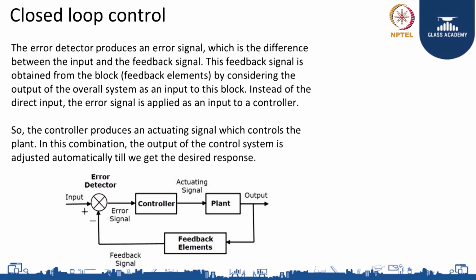Let us see it in a little bit more detail. How does closed loop control look like? In closed loop control, we give the desired level that we want to achieve as an input, sometimes also called set point. And then we measure whether the level is equal to the set point or is it different.